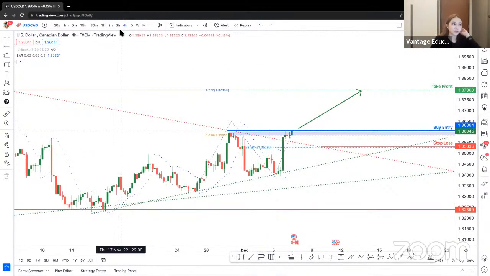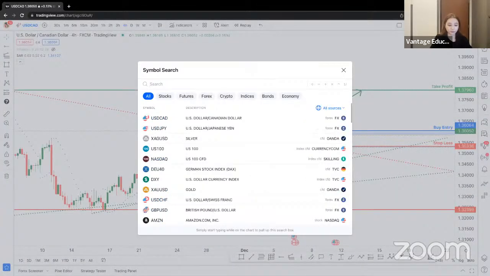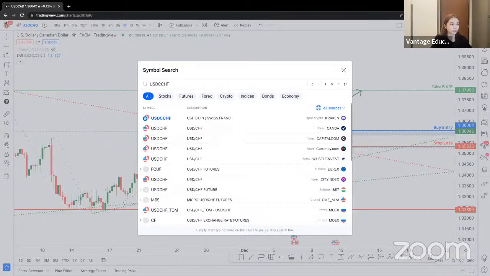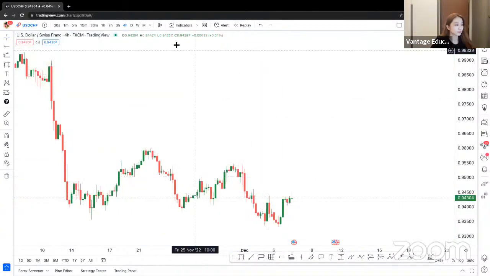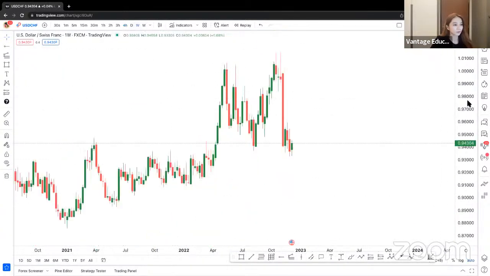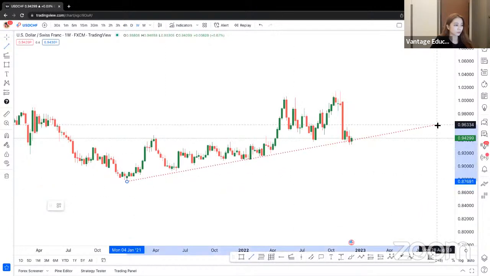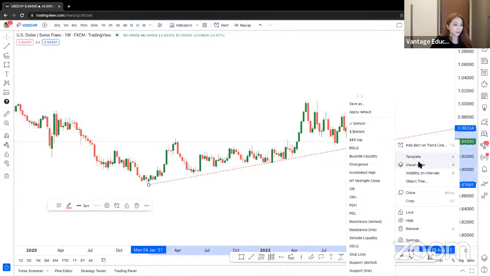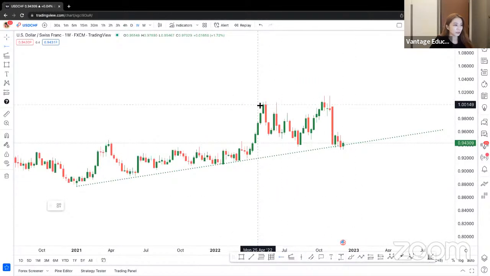Okay, so let's look at another pair. Okay, we are still looking at a very solid upward moving support line. Okay, and then we are seeing a resistance for the weekly.